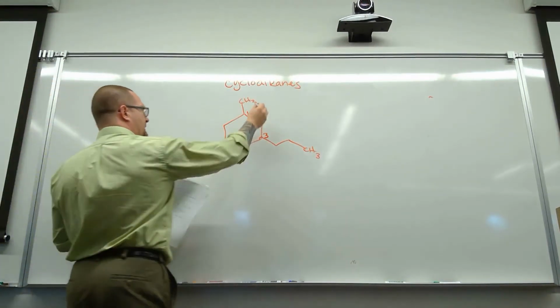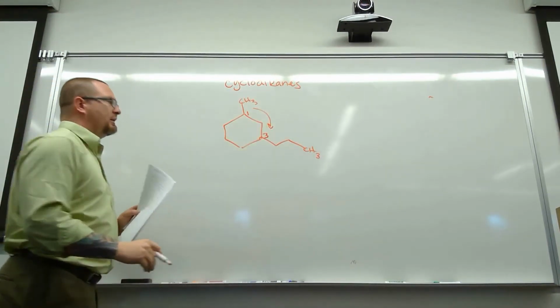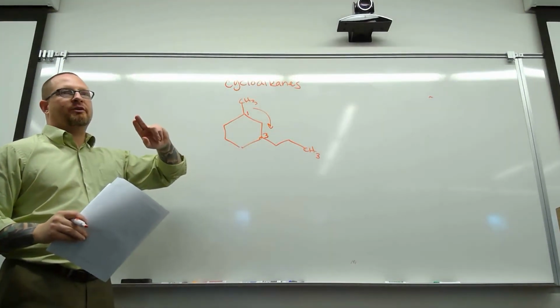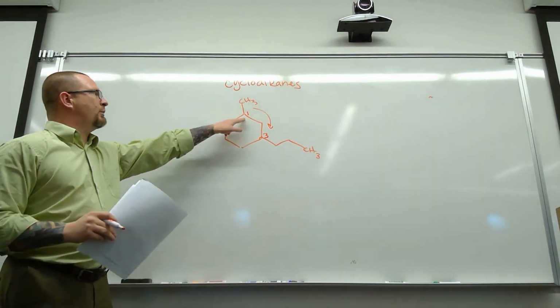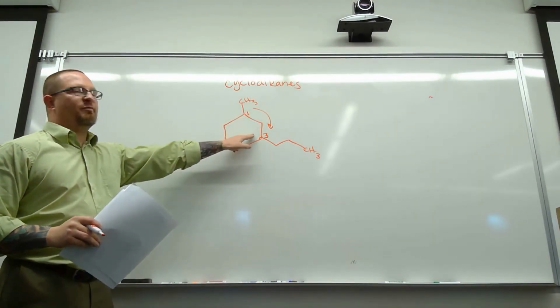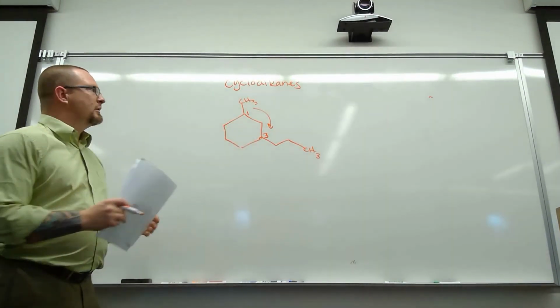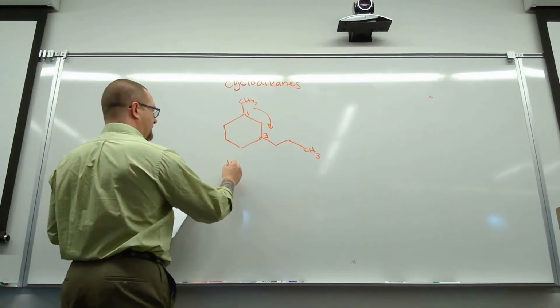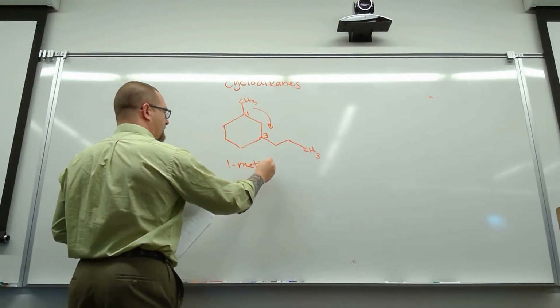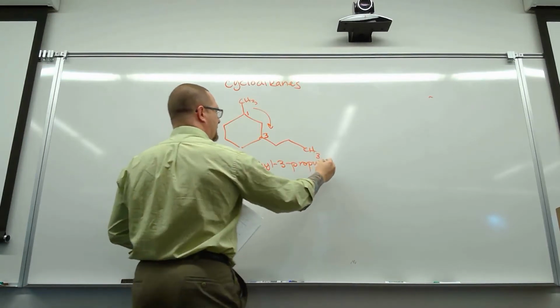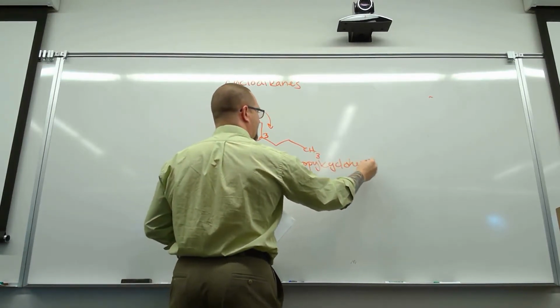Notice I numbered in a way that got my substituents the lower value. I didn't call it 1-methyl 5-propyl. It's 1, 3. So this would be 1-methyl 3-propyl cyclohexane.